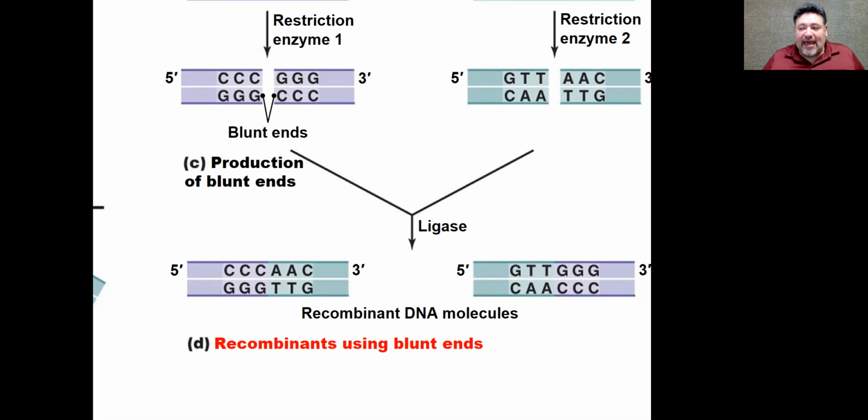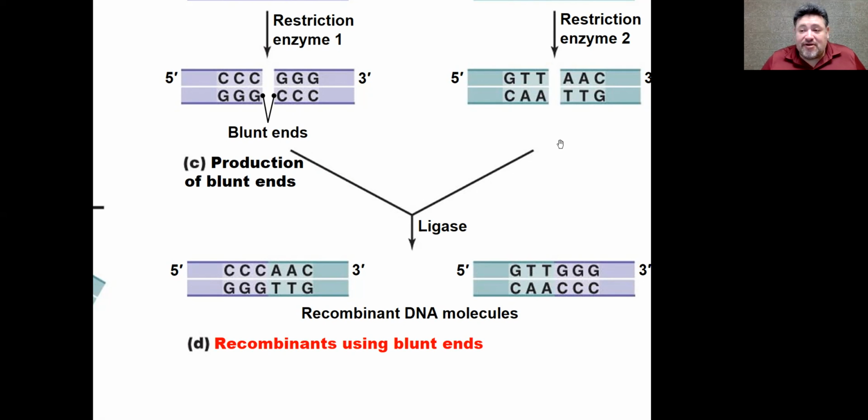However, if you're willing to play the odds and hope that two absolutely different pieces of DNA come together no matter what, this is a way to do it. You use blunt ends that do not have a sticky overhang, and hopefully they'll come together.